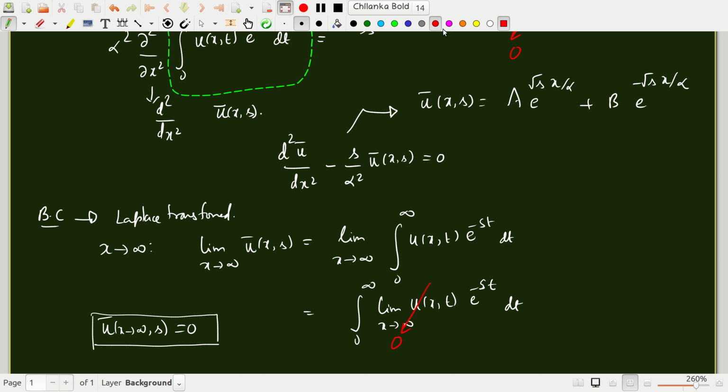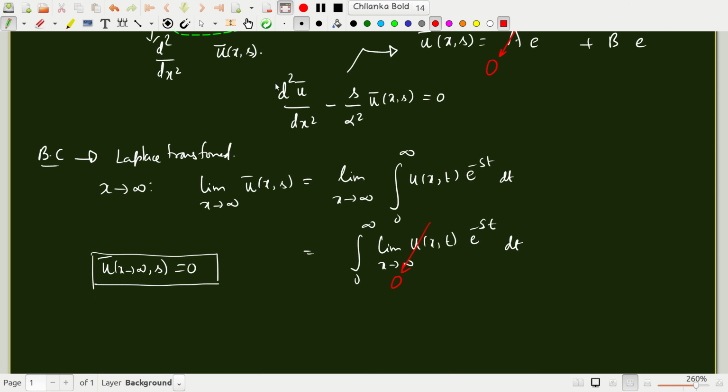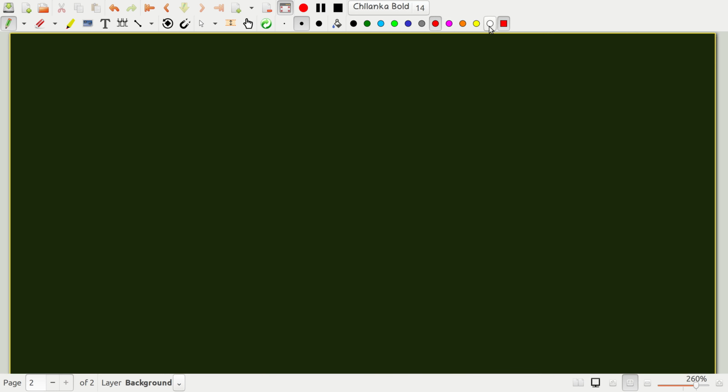That means that the constant a must be 0, because the second term is going to decay as it has a minus sign, whereas the first is not going to decay unless the constant is 0. So the constant is set to 0, and we are left with only one more constant. So u bar of x,s is b e to the minus root s x upon alpha.